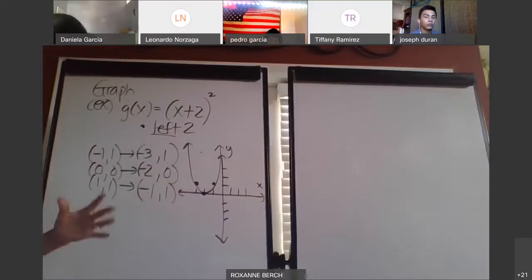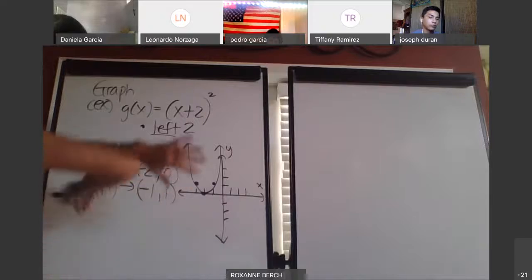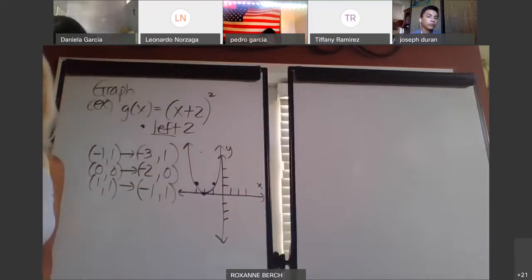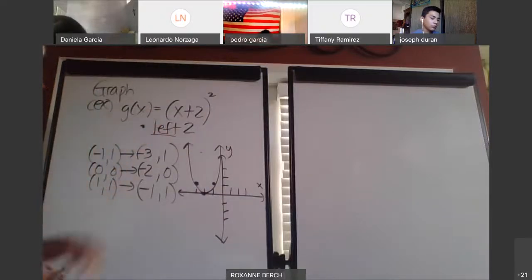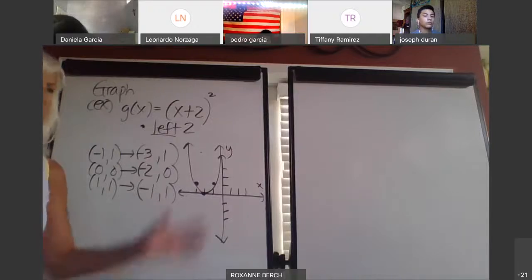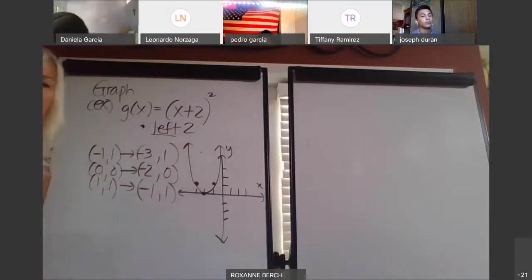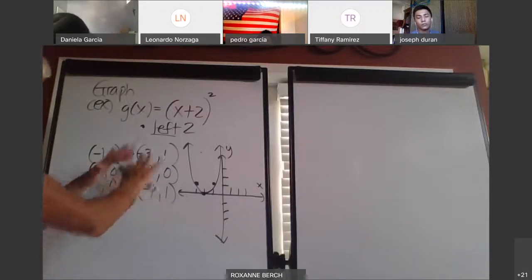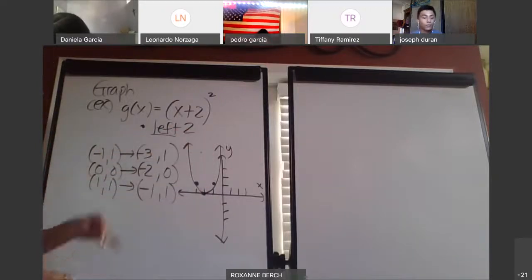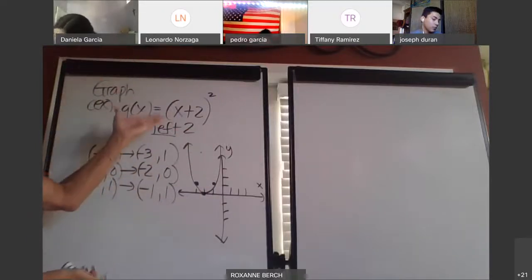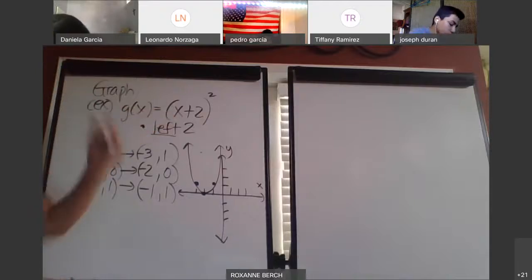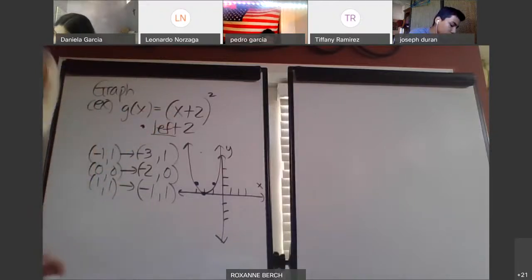Now, after you do a million of these, you can just look at it and tell. You don't have to do any of this work. On the SAT, you might look at this and go, oh, that's the parent shifted left 2, pick A, B, C, or D. You're just going to look and pick the graph. The only reason I'm showing you this is because we're just starting out, but eventually you'll be able to look at this and go, oh, this is the quadratic parent, shifted left 2. Pick the answer.